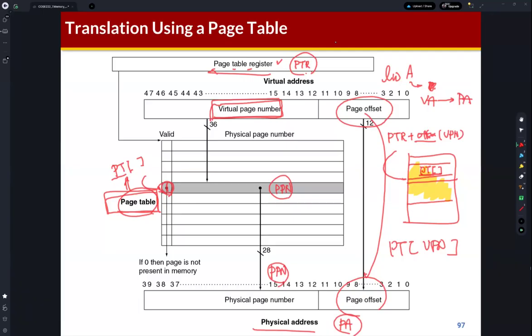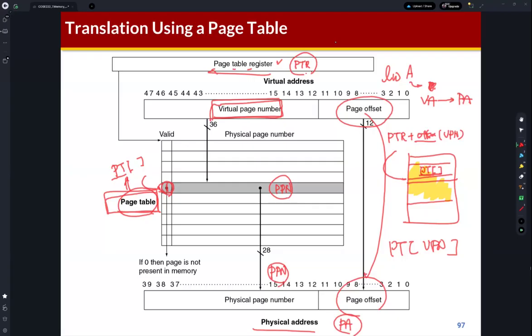Using this page table register plus an offset, think about memory instructions accessing array data: we calculate the address of the target element by computing the base address plus offset. The page table is the same, because page tables are just arrays, indexed by the virtual address.